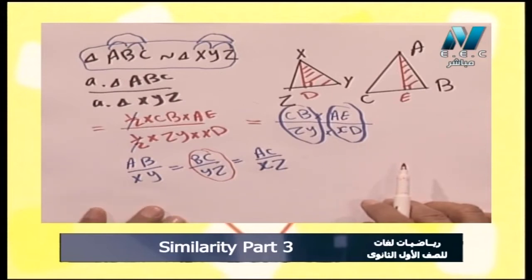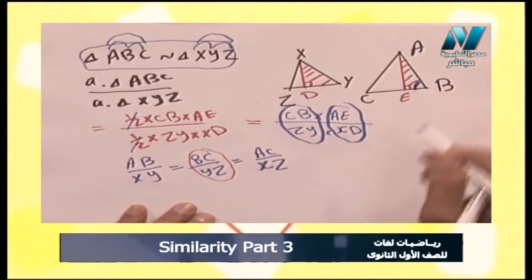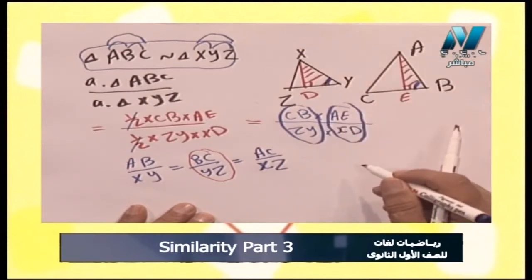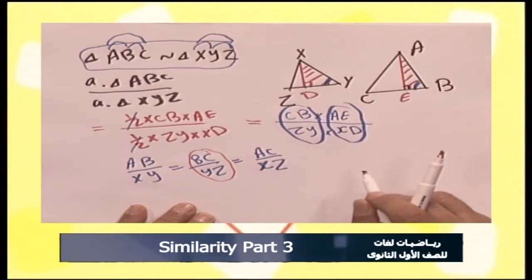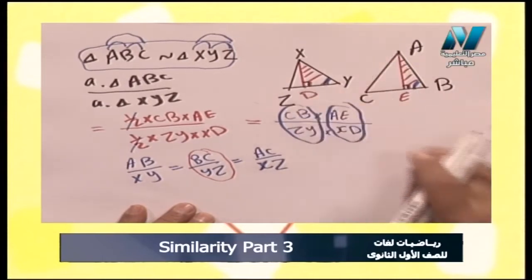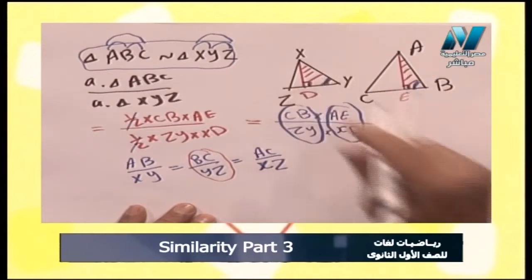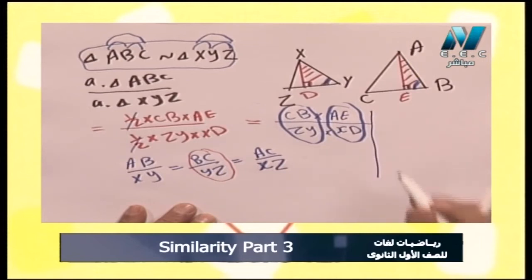From the similarity of the first two triangles, we will find out that measure angle B equals measure angle Y. And we already have measure angle AEB equals measure angle ADY. So the two triangles are similar, and we can write them as the following.